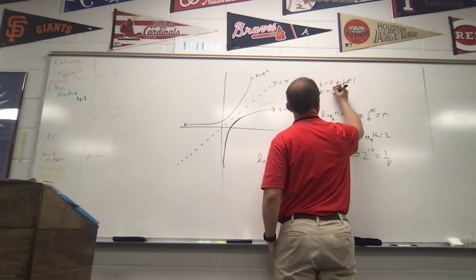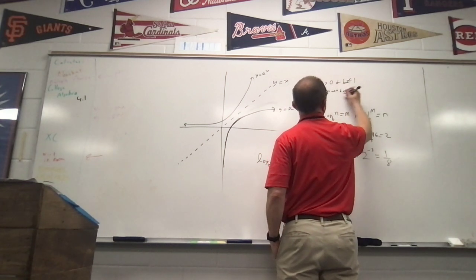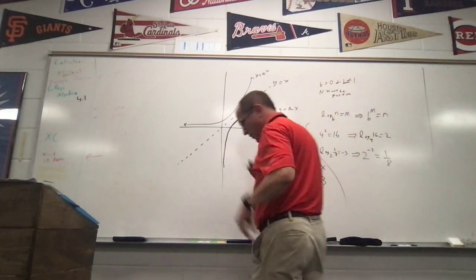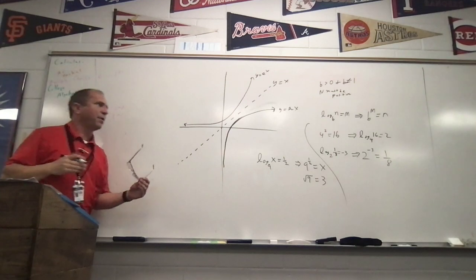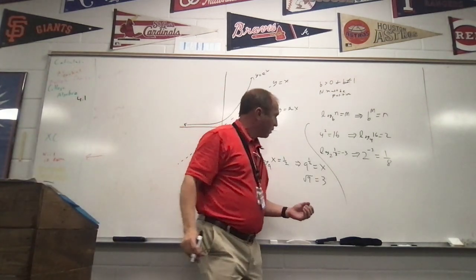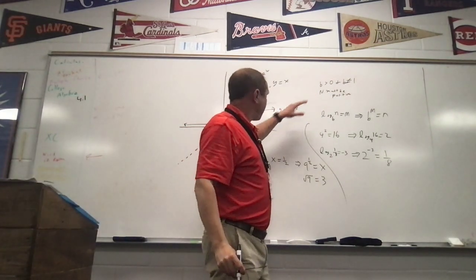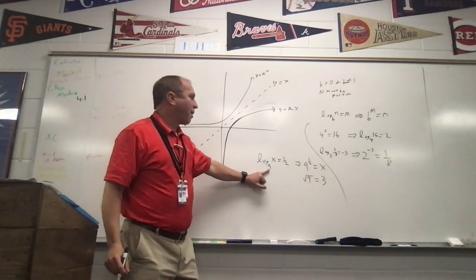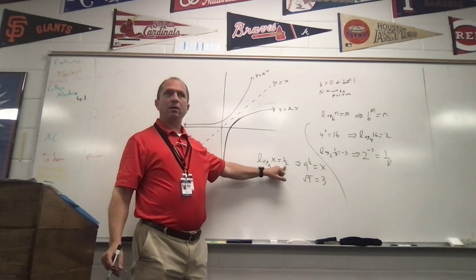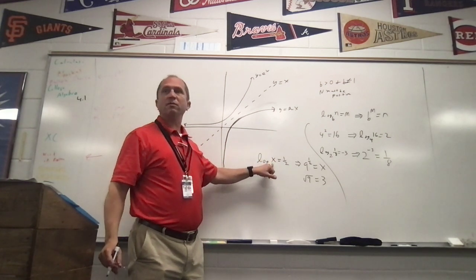N must be positive. Now again, why is that? Why would N have to be positive? Well, I'll answer that question for you. N has to be positive because if this is a positive number here, a positive value to any exponent is going to have to be positive.